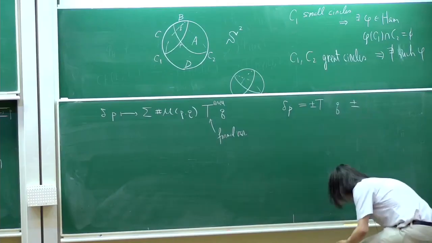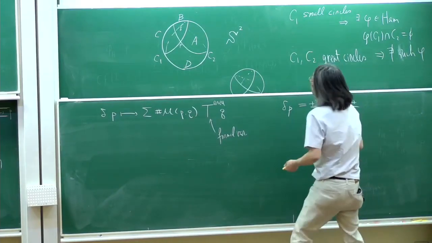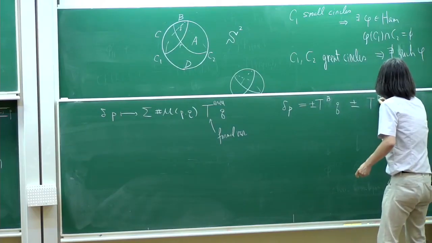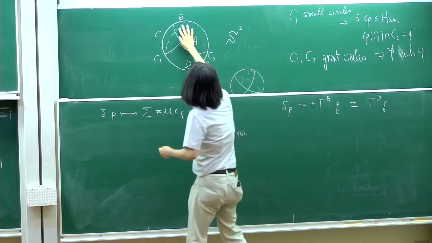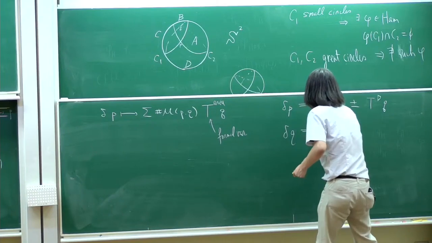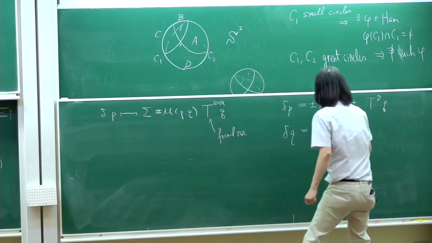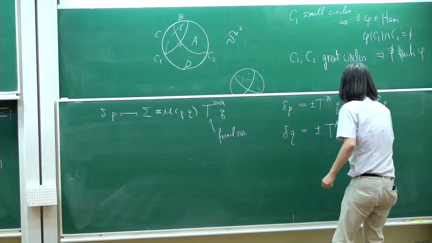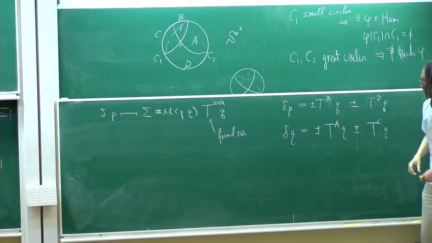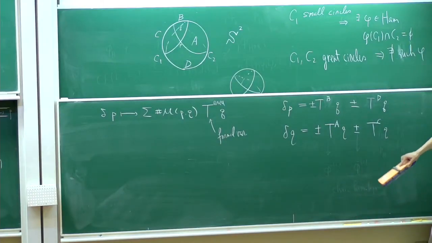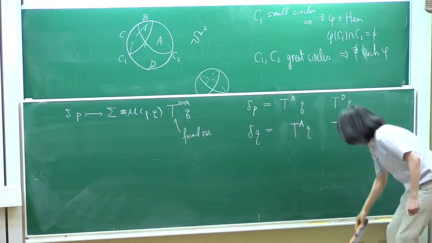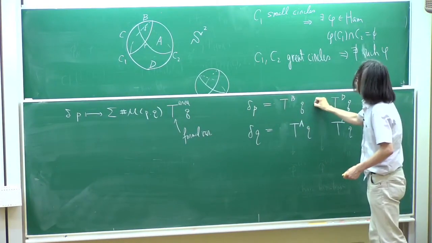It depends how you name them, but anyway, then T^D of Q. So this side and this side. And then delta of Q is equal to plus or minus T^A of P plus or minus T^C of P. In fact, we can put some sign so that this is something like this.